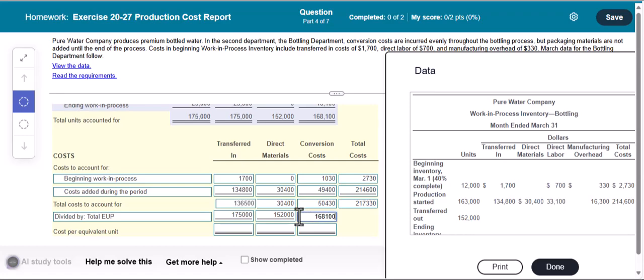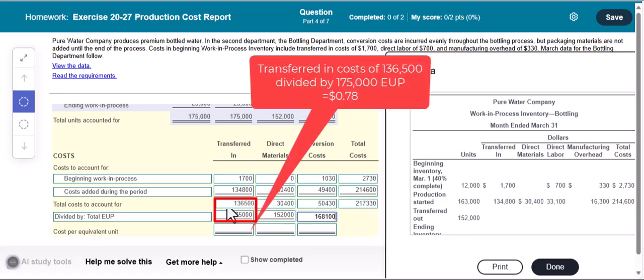And then we have the cost per equivalent unit. So how we do that is take this total cost to account for and then divide it by the equivalent units of production here below. So for the first one for transferred in, that's going to be 136,500 divided by 175,000.